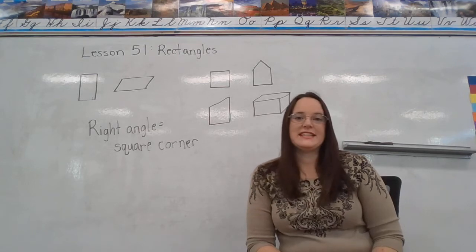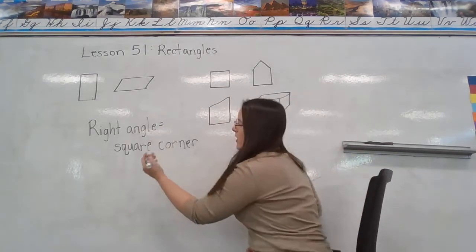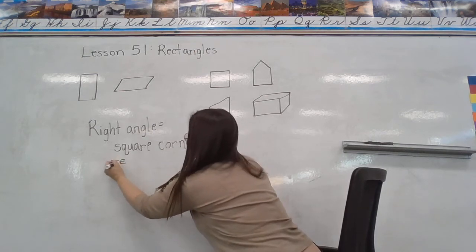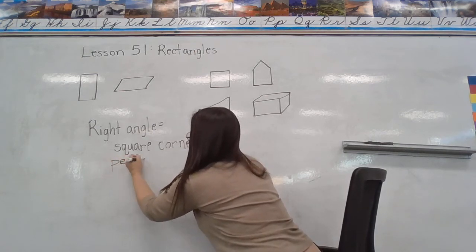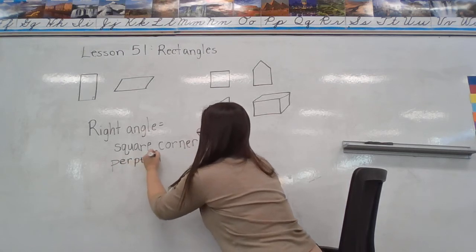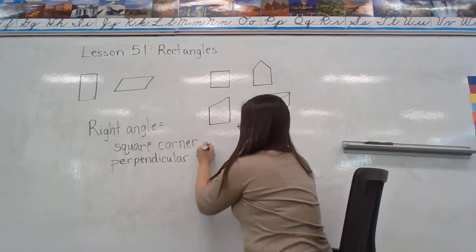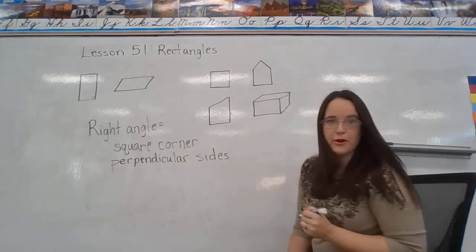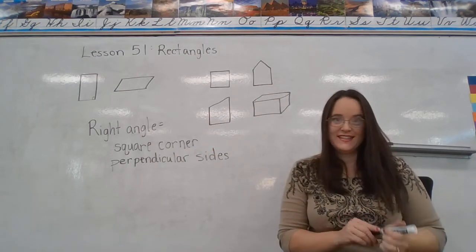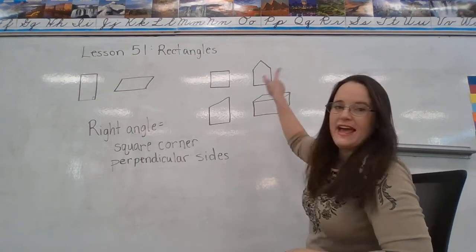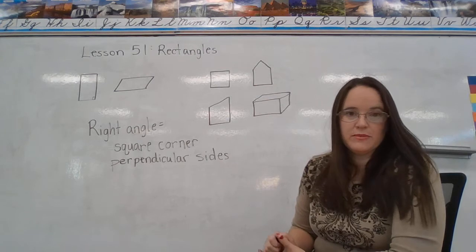And what that means is square corner, or we could also add perpendicular sides.